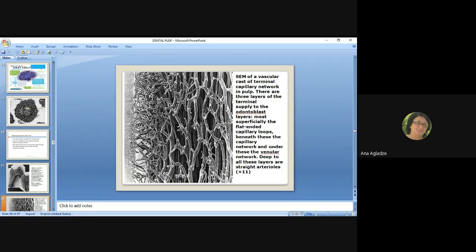They have about two or three smooth muscle layers around the lumen, and they are called resistance vessels with a diameter of approximately 50 micrometers.